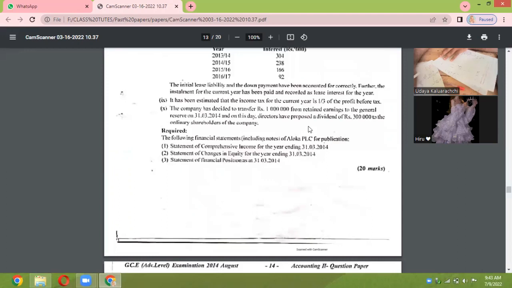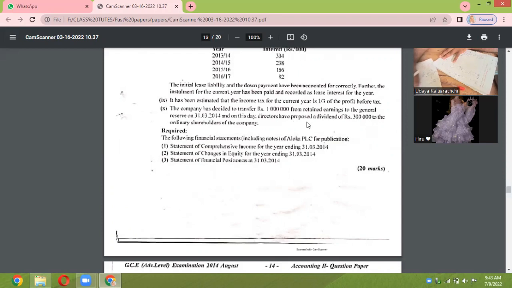It is proposed dividends. So proposed things we are not going to adjust, right? Remember it. It is an event at the last date of this accounting period, right? Proposed transactions we are not going to adjust.